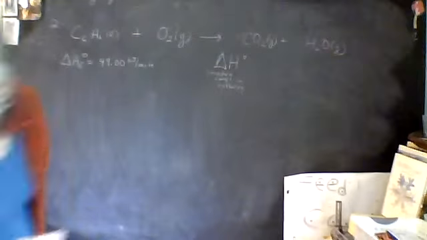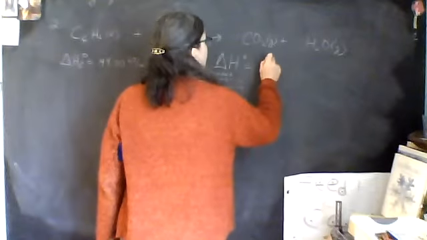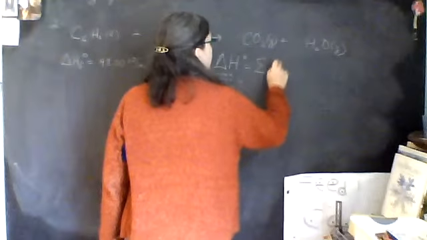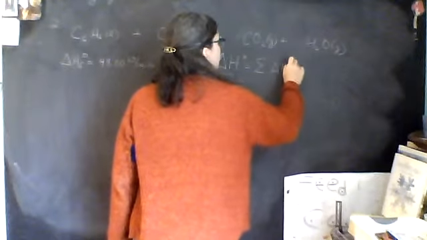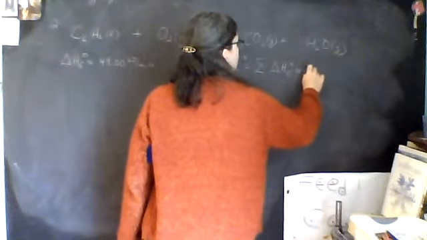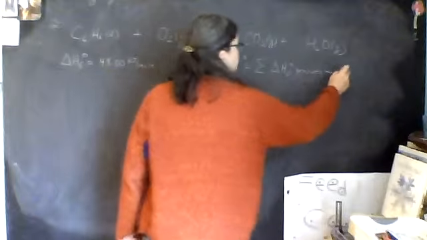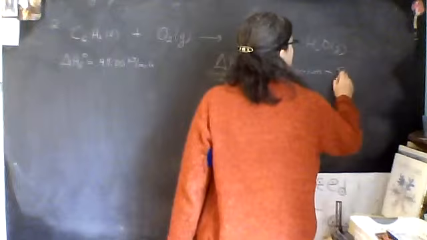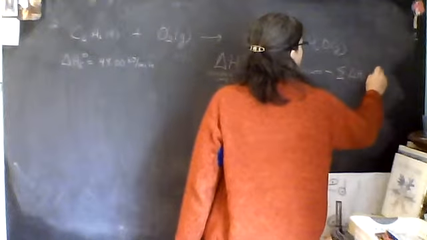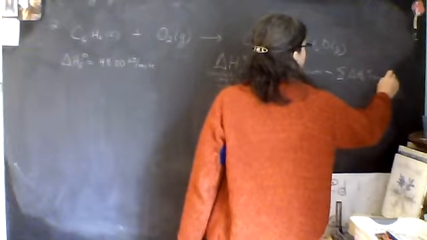And it's equal to the summation of the standard enthalpy of formation of the products minus the summation of the standard enthalpy of formation of the reactants, right?